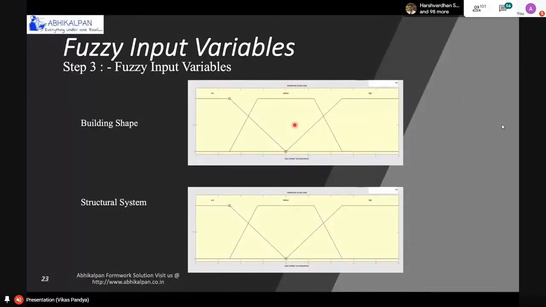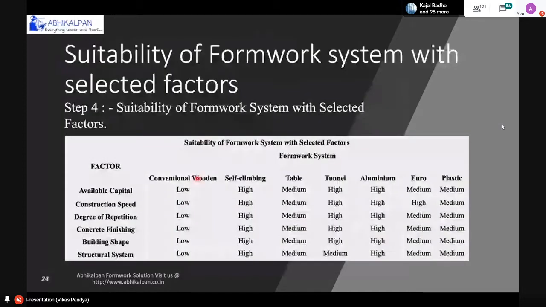After finalization of these attributes, one more time we conducted a questionnaire survey of formwork experts, and we asked them to give us the best suitable formwork system for these factors. So according to the experts, in this table I have mentioned which formwork systems are suitable with the different selection factors.